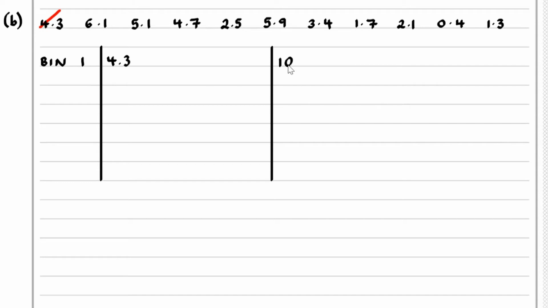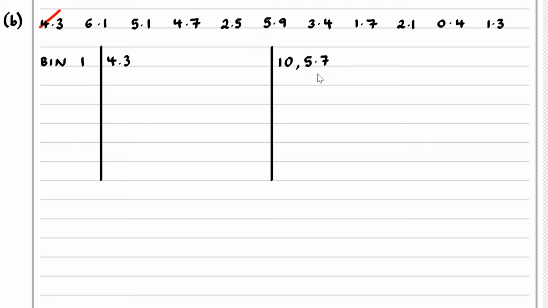And so the space left over then in bin 1 will be 10 subtract 4.3, which is 5.7. Let's take a look at the 6.1.